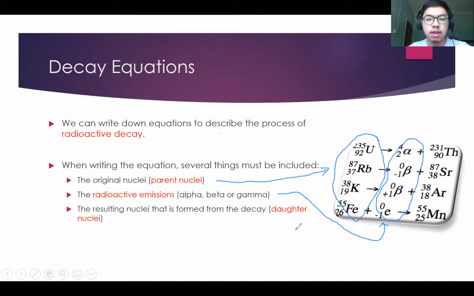You also include the resulting nuclei that is formed from the decay, which we call the daughter nuclei. So you have a radioactive isotope, it decays and emits a radioactive emission, which could be alpha, beta, or gamma, and then what's left is a new element.